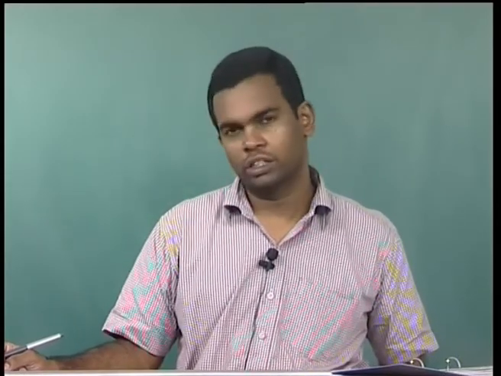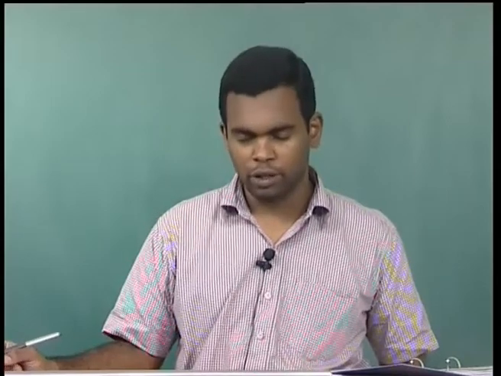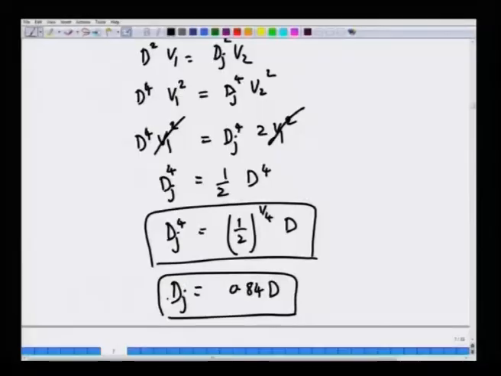The reason the jet thins is that as soon as the liquid exits the tube, it does not have any shear stress, so it accelerates a little bit. So, its velocity will be more than it was at the tube, but continuity of mass implies V 1 A 1 is V 2 A 2, therefore the jet area will be smaller than the tube area, and the jet diameter is smaller than the tube diameter by a factor of 0.84.